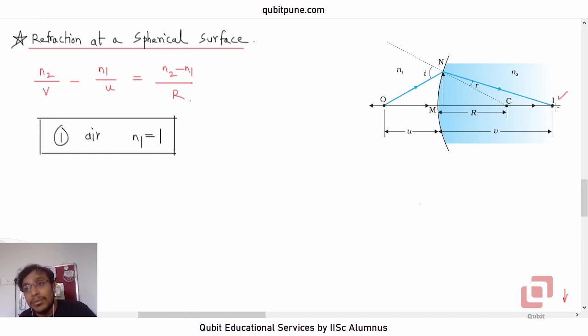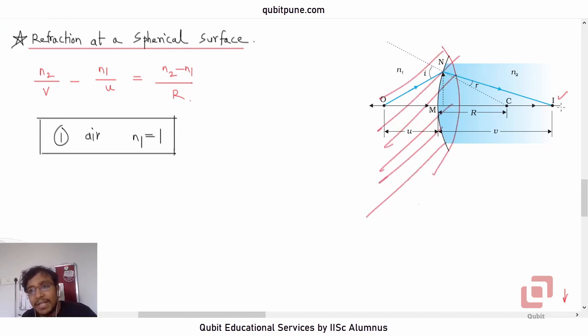Now this image acts as an object for a spherical surface like this, and wherever the image of this image is formed under that spherical surface, that is actually the true image.